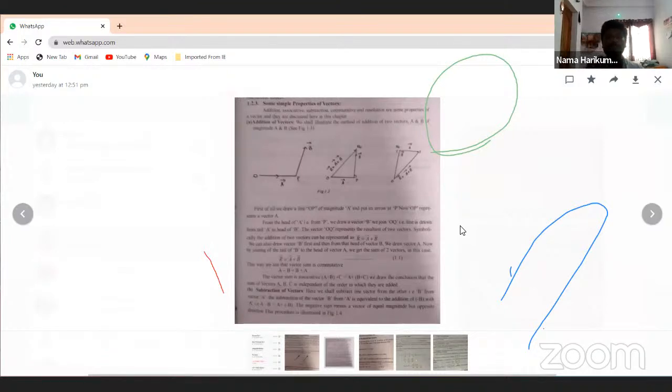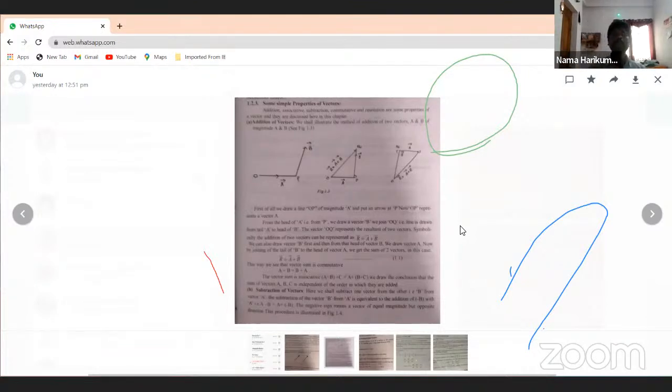Opponent means the symbol goes from upper to lower. Opponent direction means the resultant value is A minus B.